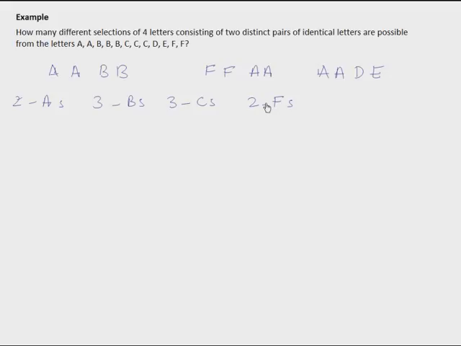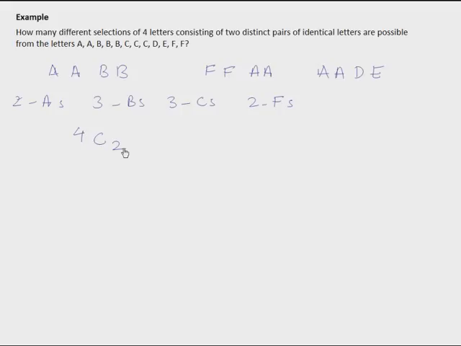So the problem boils down to picking 2 distinct letters from the 4 distinct letters A, B, C, and F. And that answer is easy. 4 choose 2. So there are just 4 choose 2 ways of selecting 2 distinct pairs of identical letters.